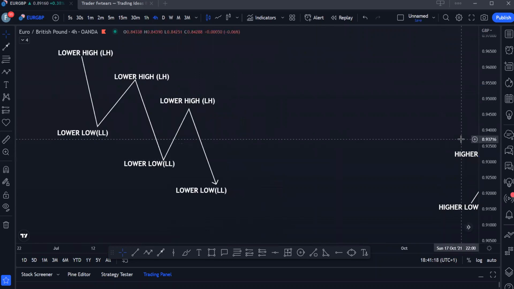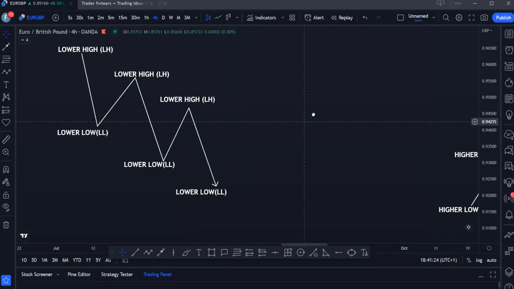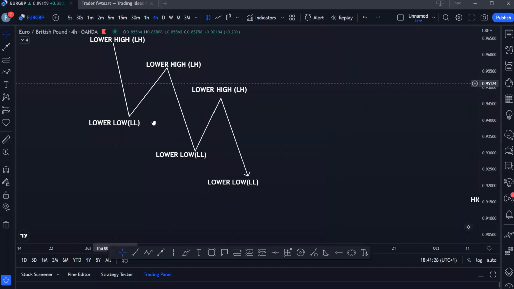How do you know that price wants to continue in a downtrend? Is if price keeps printing a new lower low. All of these movements are movements of price, movements of the candlesticks, right? So how do you know that price wants to continue in a downtrend?